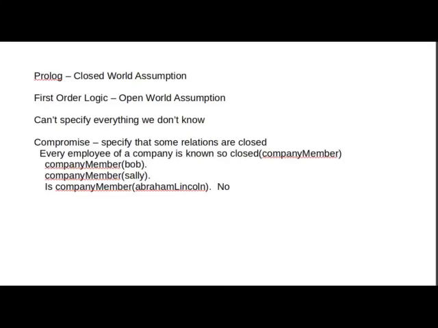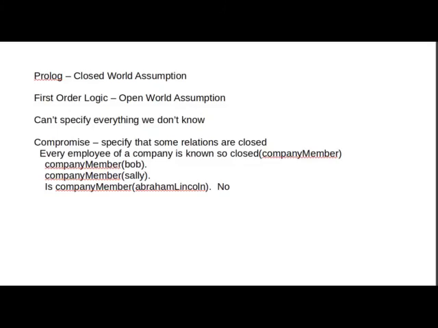But it has what we call an open world assumption, that there might be something that is relevant to the particular problem you're working on that simply hasn't been stated. And so the safest thing is to just say, I don't know. And the practical fact here is that with software, with computers today, we can't specify everything we don't know, and we also can't specify everything we know. So we have to figure out a compromise that makes practical reasoning possible in software.